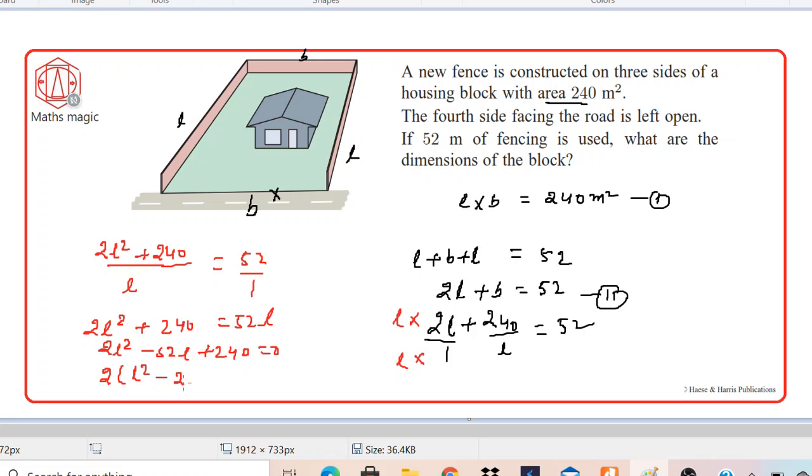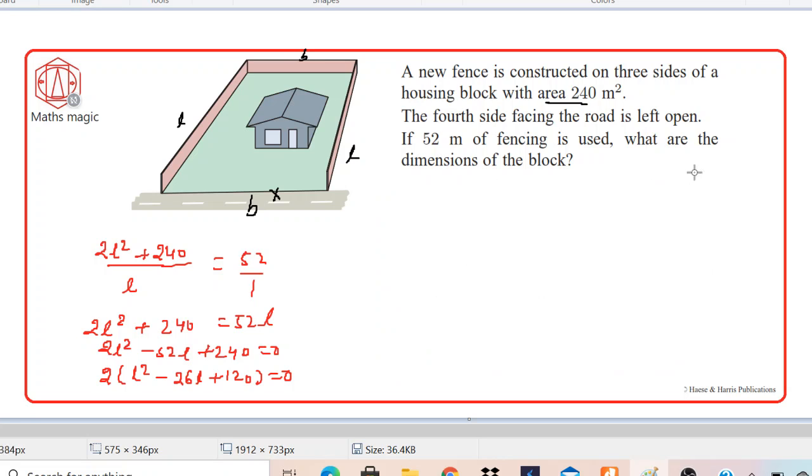It becomes L square minus 26L plus 120 is equal to 0. You can divide this entire equation by 2, so that you have the final equation of this entire question as L square minus 26L plus 120 is equal to 0.